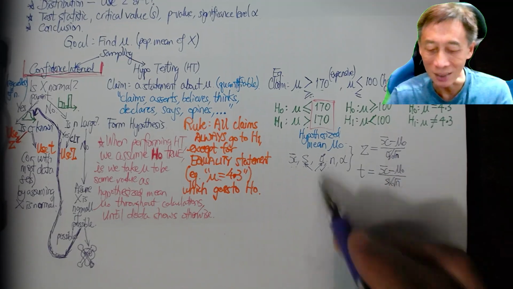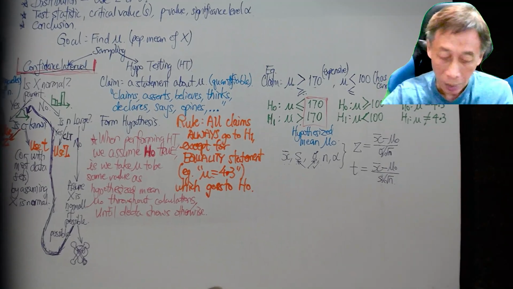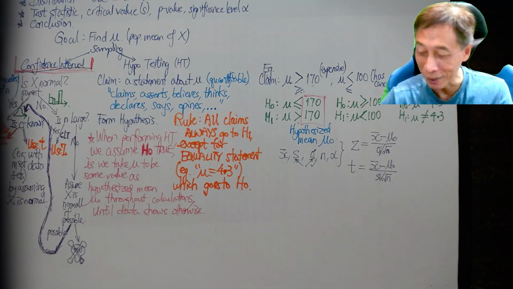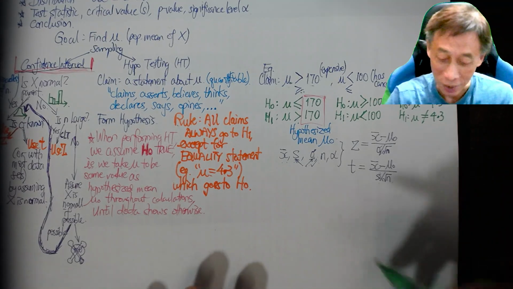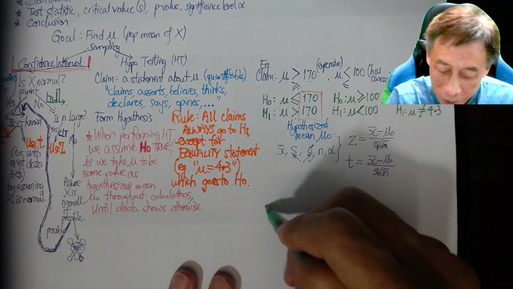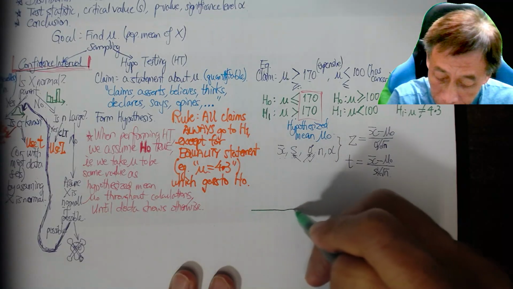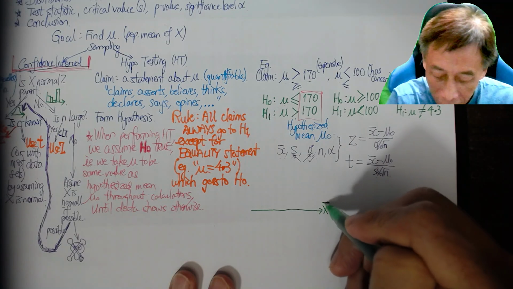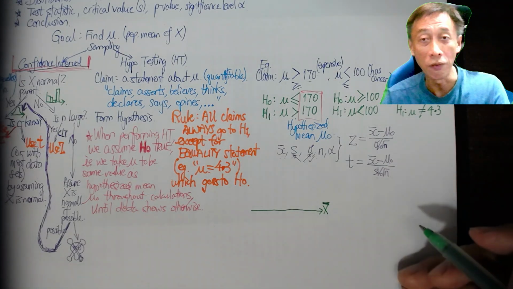Now, what is this test statistic for? This is for putting into a diagram, okay? So putting into a chart. So this chart is going to be like this. And this chart is going to be X bar, never, never X. So we talked about this during the confidence interval video, right?